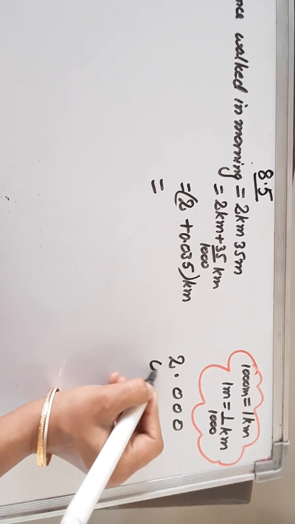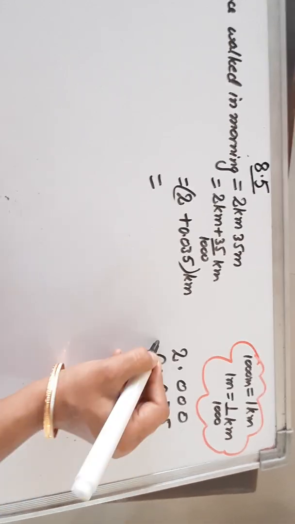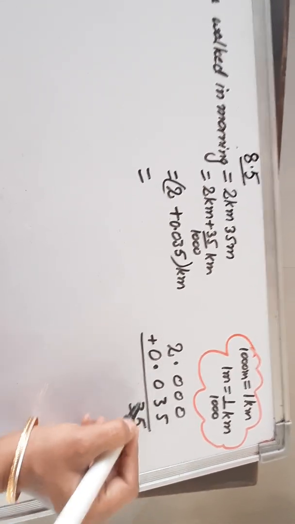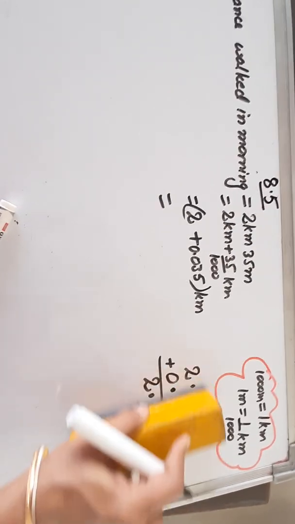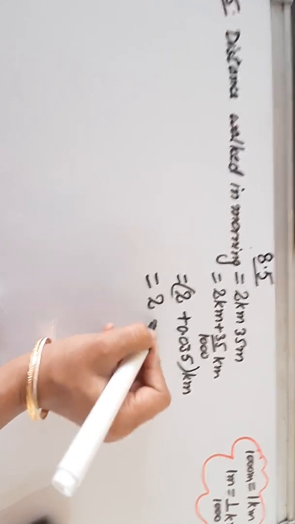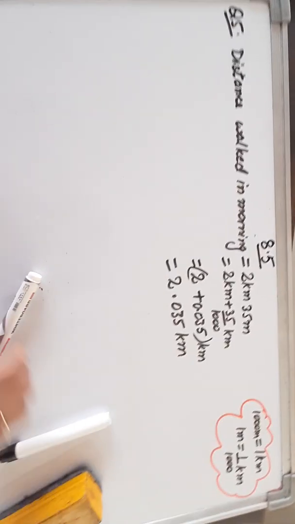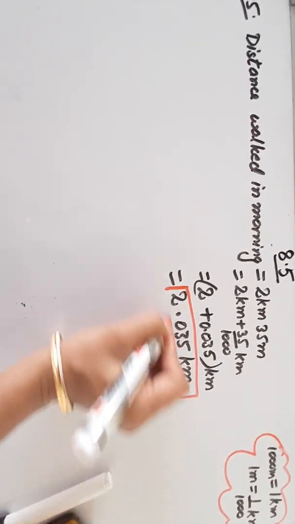Here 0, under the decimal place decimal, 0, 3, 5. So add them, 5, 3 plus 0, 3 is 0, 2 plus 0, 2.035. So 2.035 kilometers. This is the distance which Naresh walks in morning.